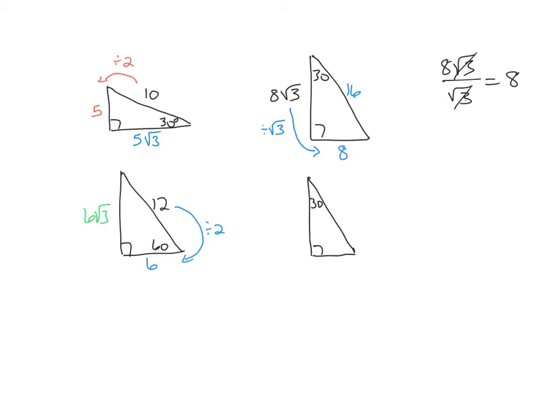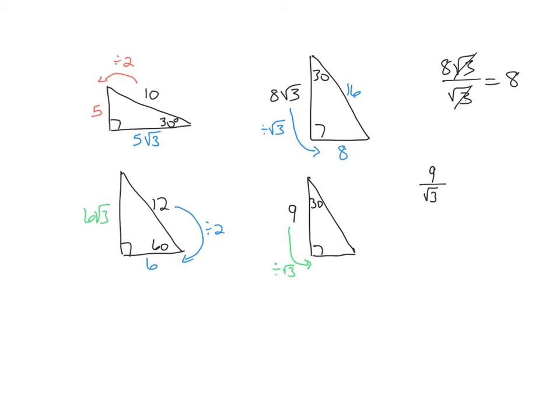So the harder kind would be like if that was 9. Okay, so if I go from there to there, divide by square root of 3. So 9 divided by square root of 3.